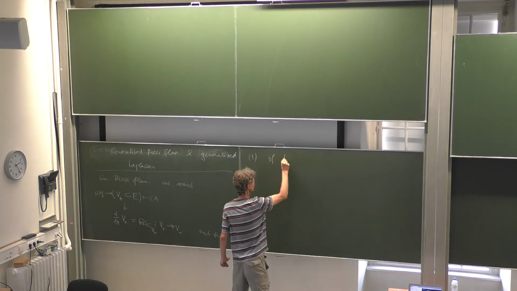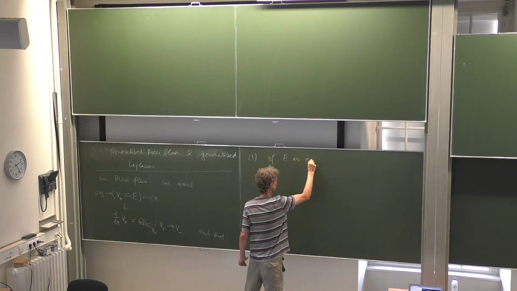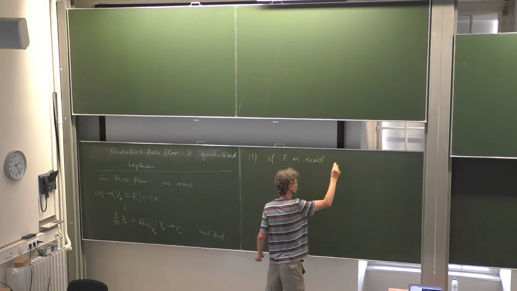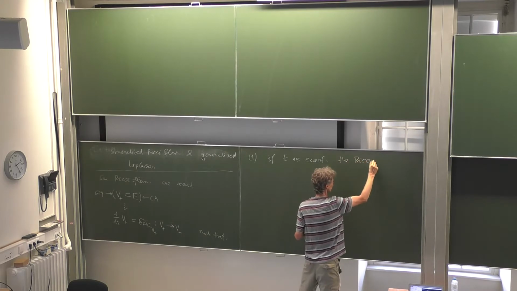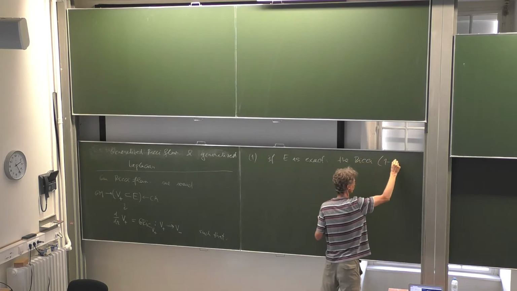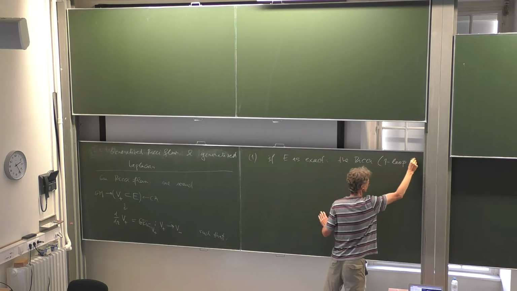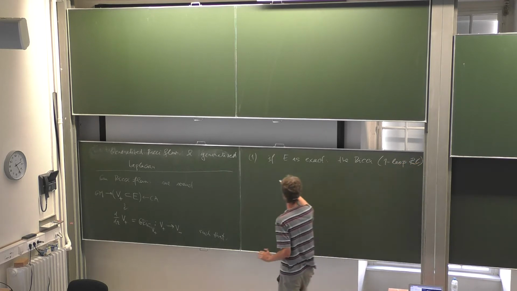So if E is exact, we want it to be the Ricci, or more precisely, one-loop RG flow.